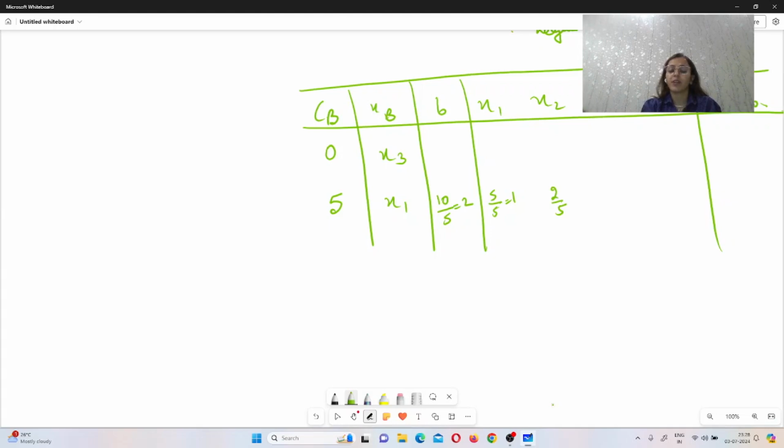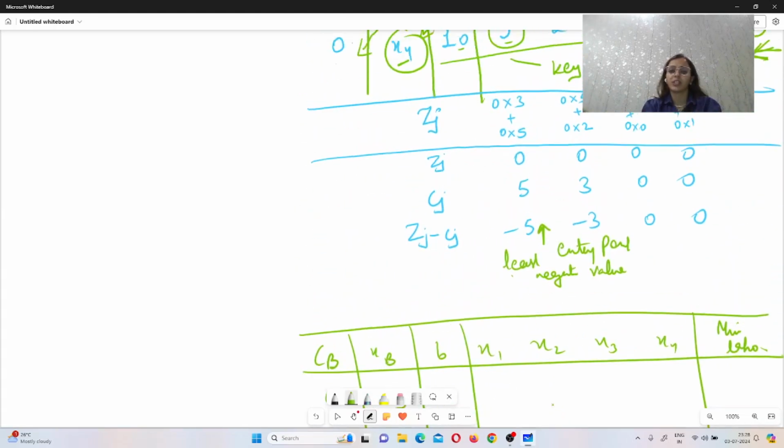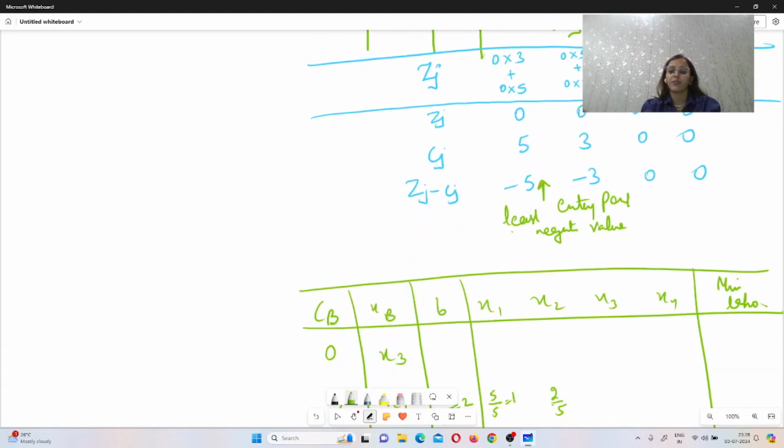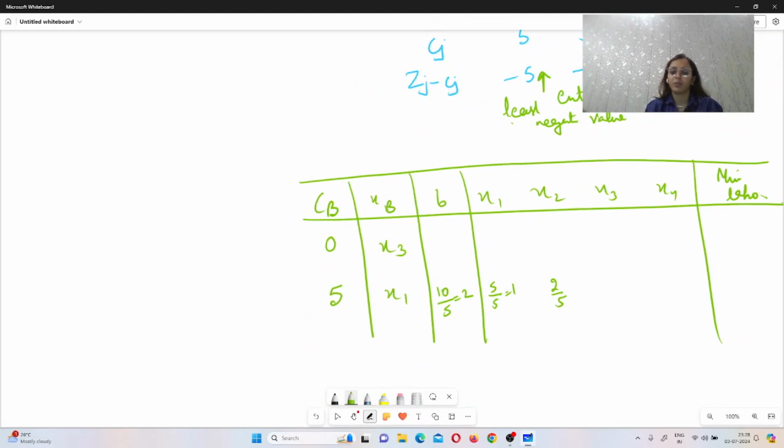Just divide all the values with the key element, 0 and 1. So 0 divided by 5 will be 0, and 1 divided by 5 will be 1 upon 5. So this is the way we have done the next variable.